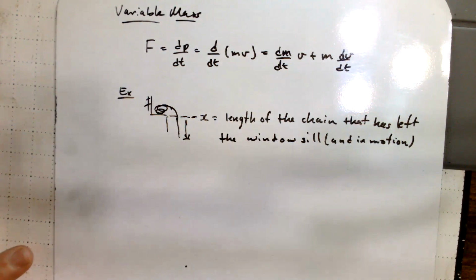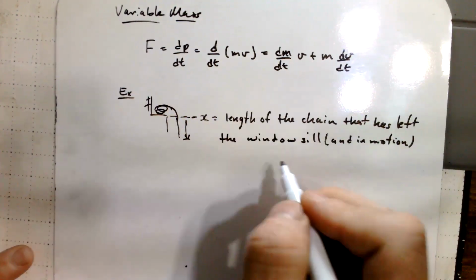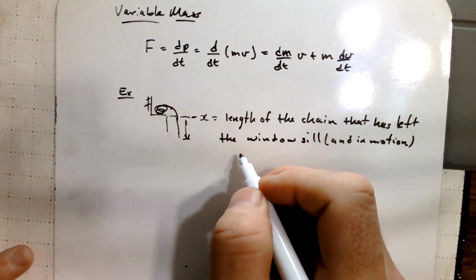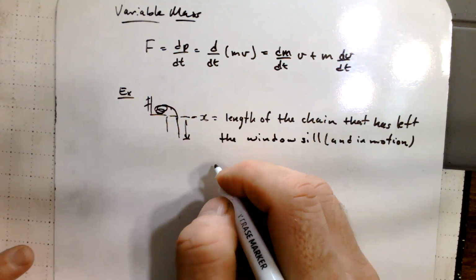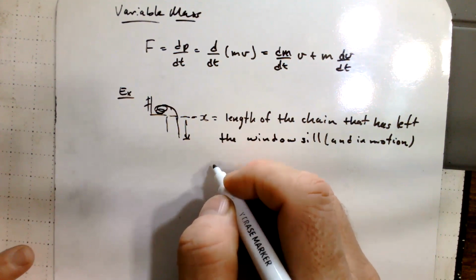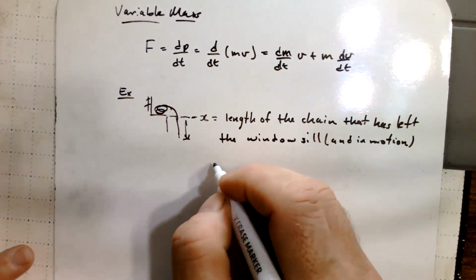So you can imagine a chain being pulled over and it's falling down, falling down, falling down. Okay, so that's the length there. As the chain falls, we're going to assume that the weight is per pound per foot.